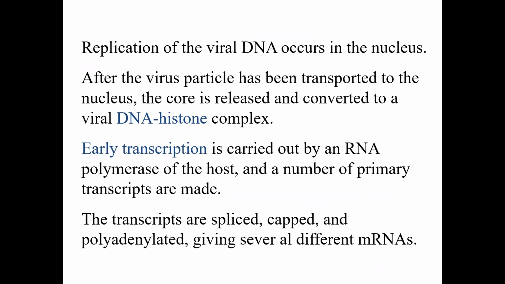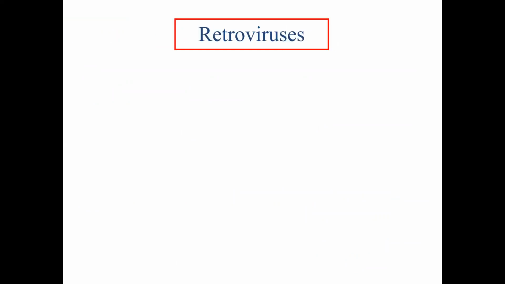This gives a bit more information about how the replication process of these viruses takes place. We're not going to go into too much detail. You don't need to know extreme detail of those, right? We're just talking about different categories of viruses.